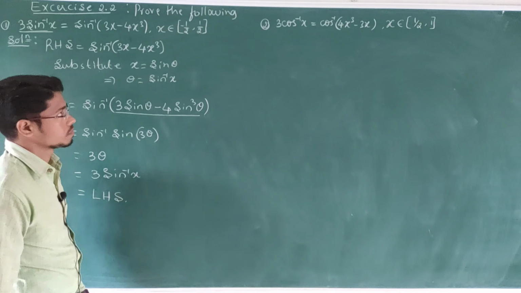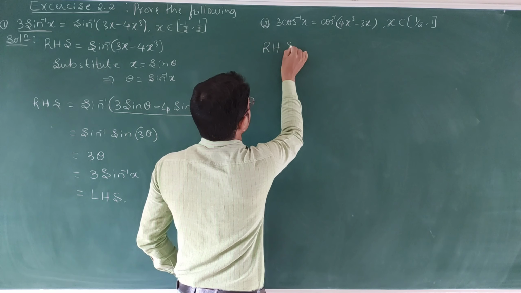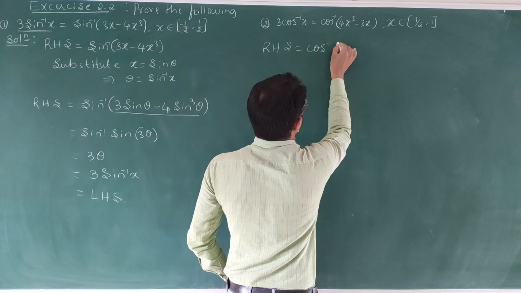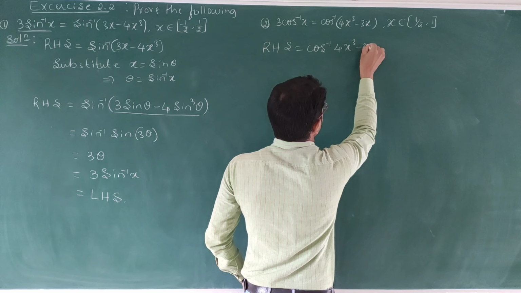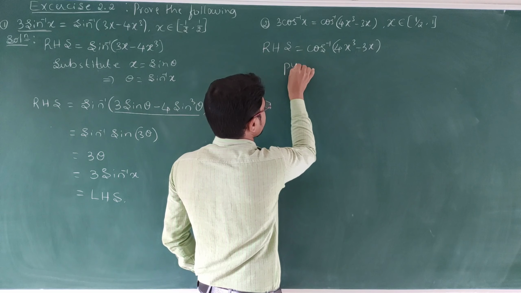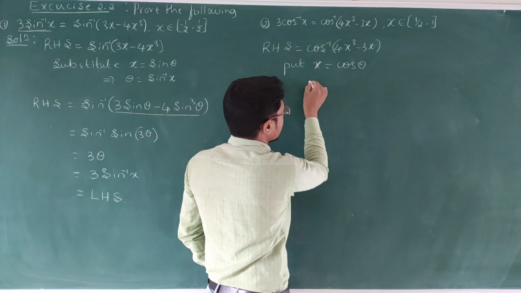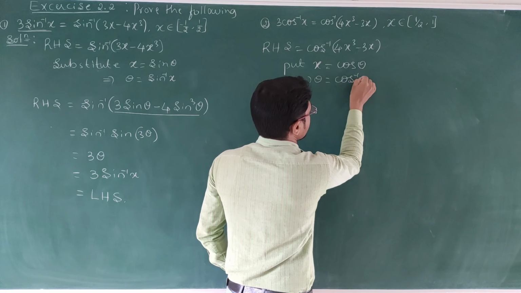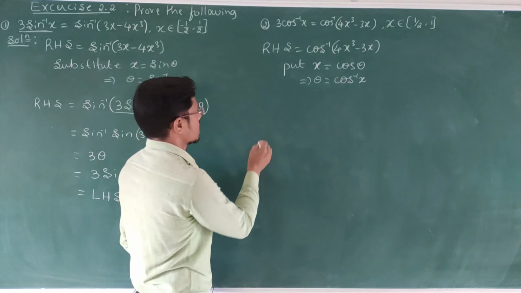Second one, for this also consider the RHS, that is cos inverse of 4x cube minus 3x. Put x equal to cos theta, this implies theta equals cos inverse of x.